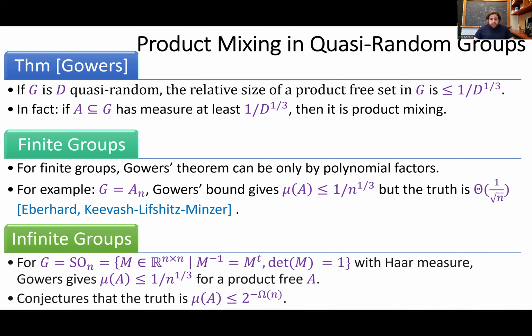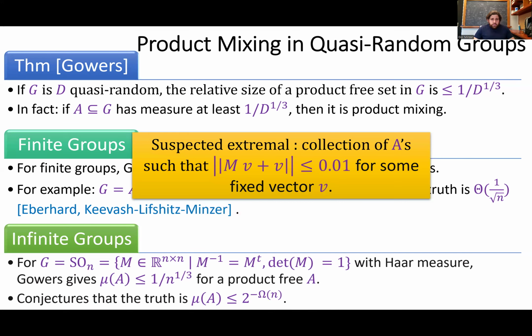In fact, if you set your mind to it and think about it a little bit, there is really only one idea to demonstrate a product free set in SO(n), which proceeds as follows. You pick your favorite unit vector V, and you observe that if you take all of the matrices M that map V to negative V, this would be a product free set, because if you multiply two of them, then V would be a fixed point.